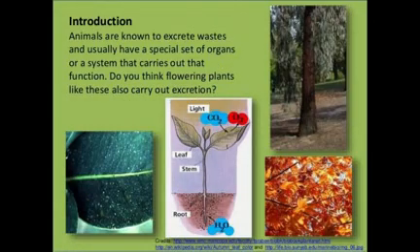Some waste products can be stored within dead permanent tissues such as hardwood and barks of tree. Some waste products may be stored in some plants like leaves, seeds and flowers that fall off.